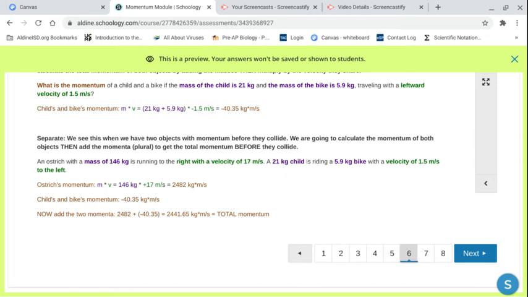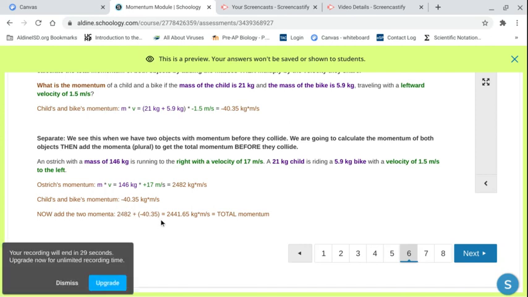So we need to see what is the total momentum before they collide together. And we add them. Even though the child and bike's momentum is negative, we still have to include that in our calculations. So 2,482 plus a negative 40 equals 2,441. That is the total momentum.